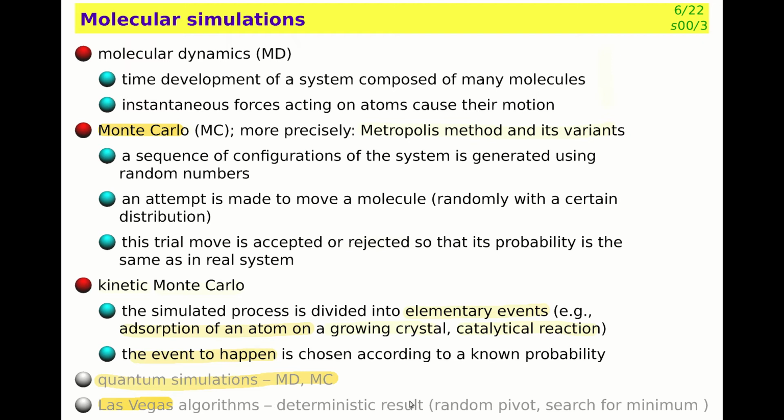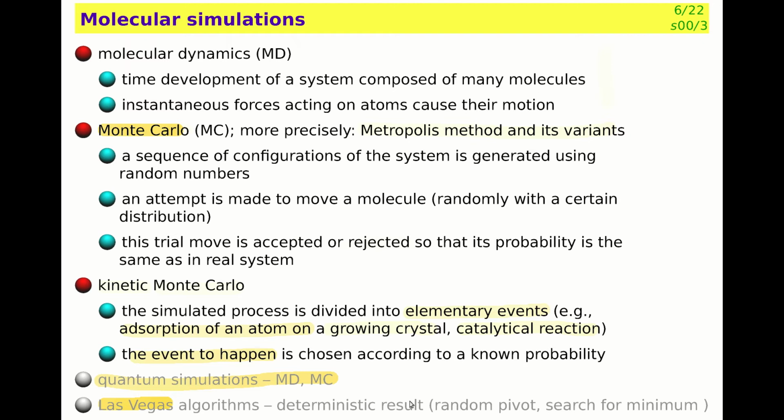For example, if you are looking for a minimum by a Monte Carlo, or here better said the Las Vegas algorithm, you may go towards the minimum using several paths, but eventually you will end up in one minimum. And this minimum should not depend on the random numbers generated.